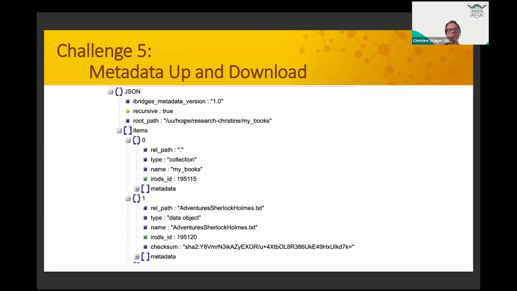Here is the root path in the iRODS instance, and then all the items that were downloaded. The first one is, of course, the root collection, My Books. And the other documents in that collection carry the relative path, data object, SHA, and then again, a list of metadata items.